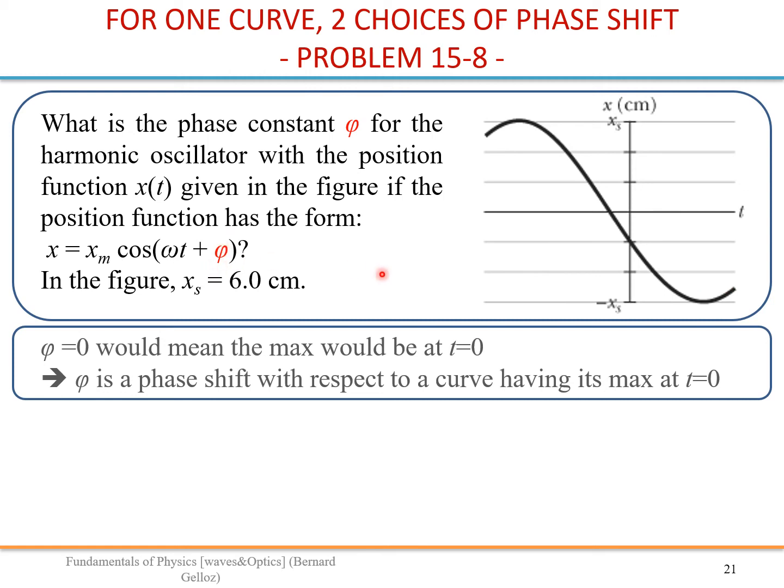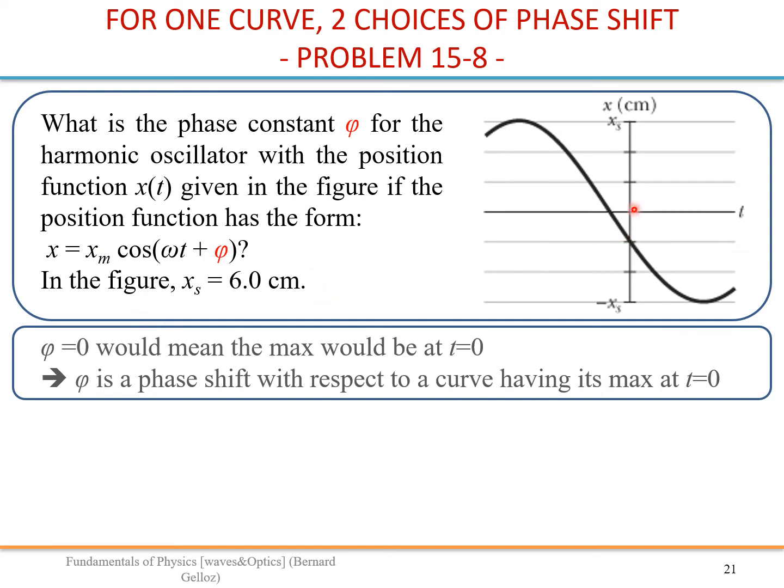So in principle, we would need two equations to solve this problem, because we need to find omega and phi. But okay, there is an easy way to get rid of omega and directly have an equation giving you phi, because for any t you know your x from this equation. So if you take t equals 0, this will disappear, you don't need to know omega, and you will have an equation.